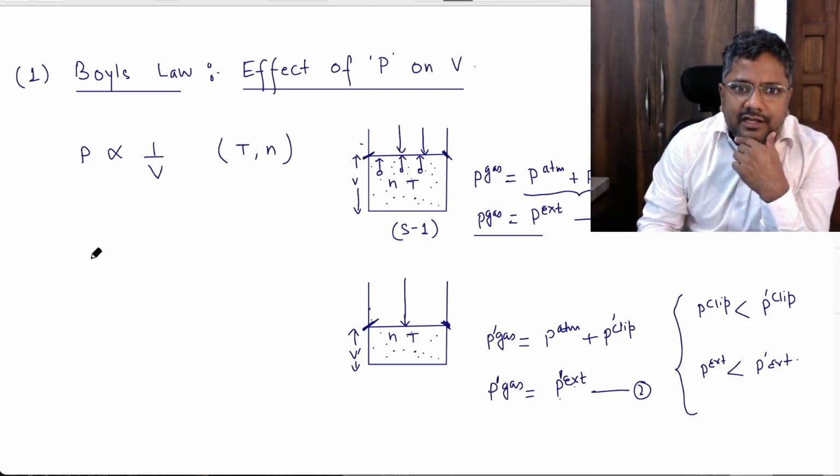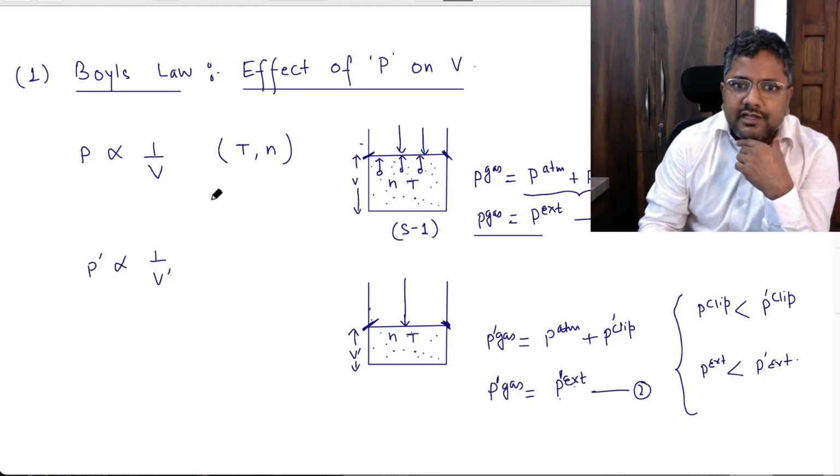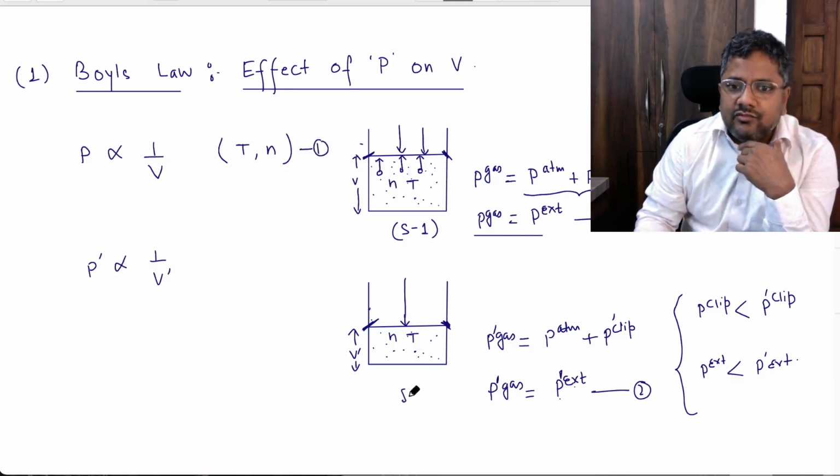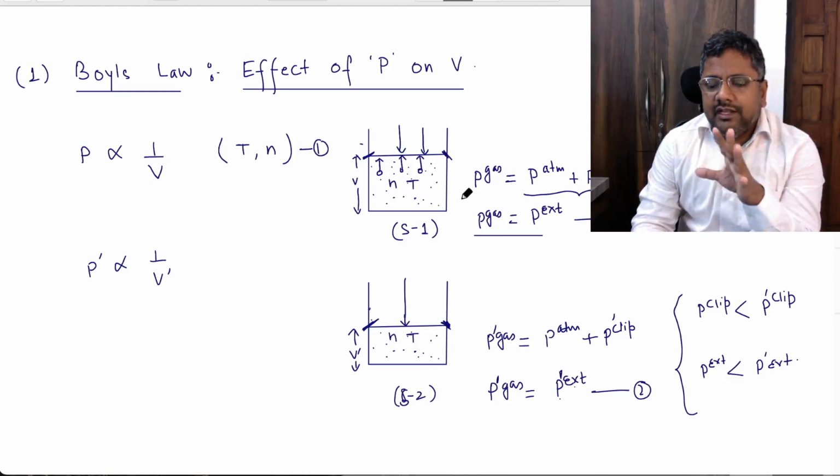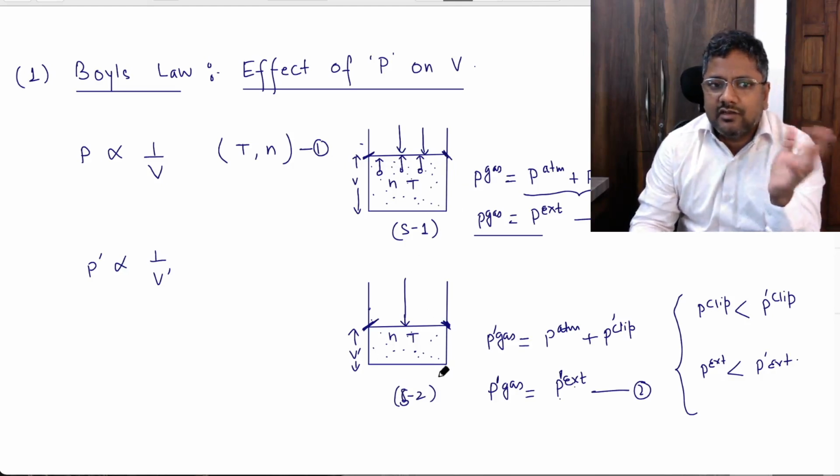So we can write here that P dash is inversely proportional to V dash, right? So this is situation 1, this is state 2. Why is this state 2? Because in this situation all are constant, P, V and T are constant. In this situation also all are constant.